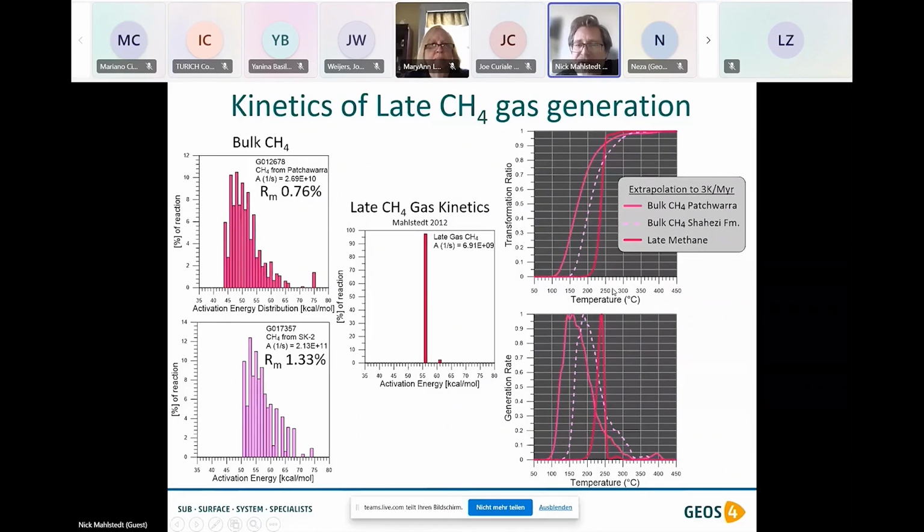And 250 degrees, taking vitrinite reflectance values, corresponds to roughly 3.5% vitrinite reflectance. So this confirms that our kinetics are pretty correct, as the natural maturity series also shows a phase-out at the same temperatures, or vitrinite maturation levels, of 3.5% vitrinite reflectance.